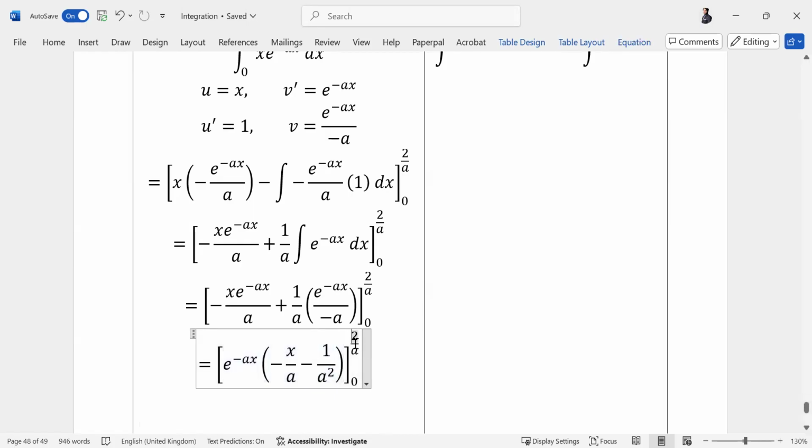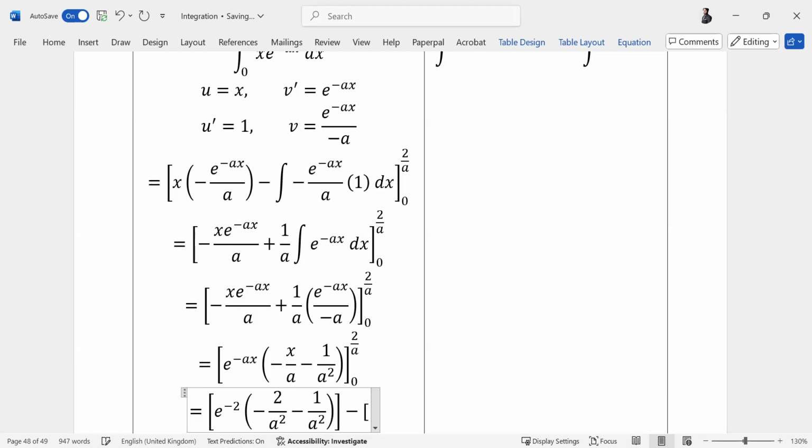So when I plug in the value 2 upon a, what do I get? 2 upon a. E to the power minus 2 and then minus 2 over a square minus 1 over. Is this right?